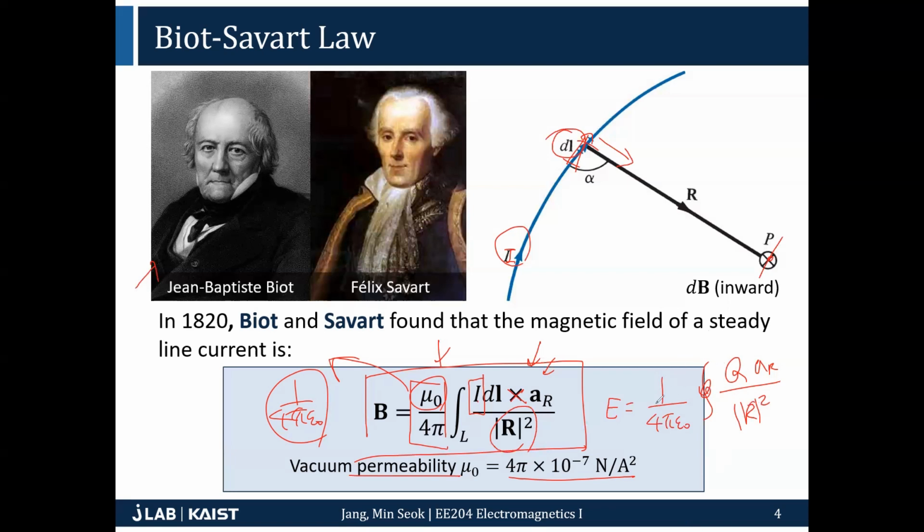It's inversely proportional to R squared. That's the same part. But the main difference is that the field direction is not parallel to the vector a_R, but perpendicular to a_R. It involves a cross product, and that's one big difference between the electric field and magnetic field.